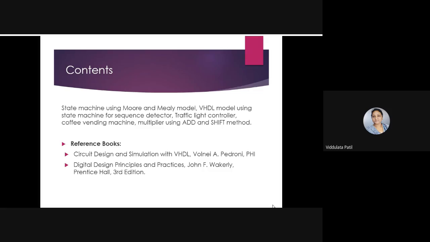Besides that, we can use any digital design principles book for basic ideas about state machines, and the Pedroni book will be useful for you to get the concept regarding VHDL code. Okay. So once you finish this writing, we will proceed.